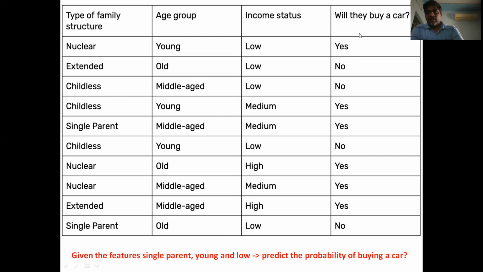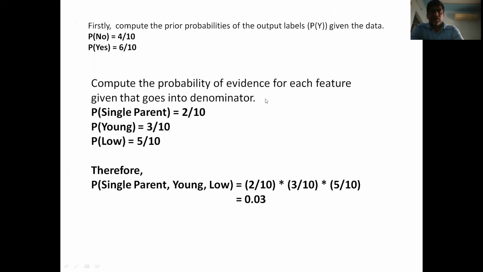The total number of samples given is 10, out of which there are 6 yes. Therefore, the probability of yes is 6 by 10. Similarly, the remaining 4 are no, and the probability of no is 4 by 10. So this is our first step: compute the prior probabilities of the output labels yes and no.